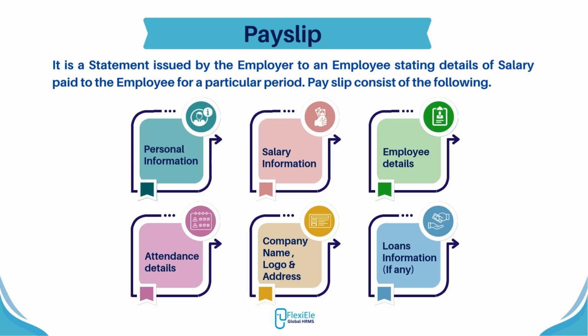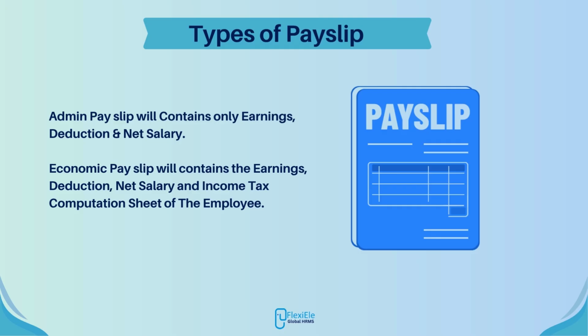There are two types of payslip: admin slip and economic slip. An admin payslip typically refers to the salary slip generated for an employee with administrative privileges, often someone in HR or payroll who manages or accesses payslips for others. It can also refer to the payslip viewed or downloaded by an admin for an employee in the system.